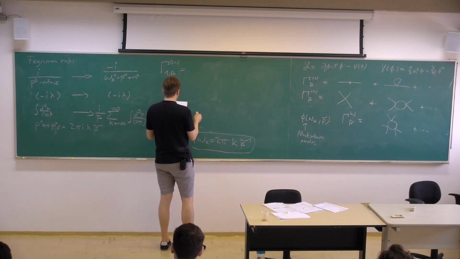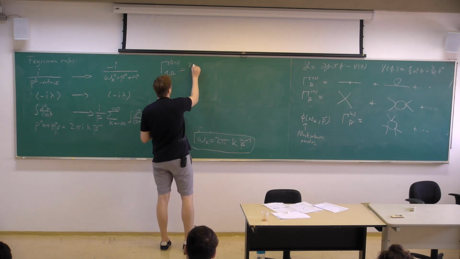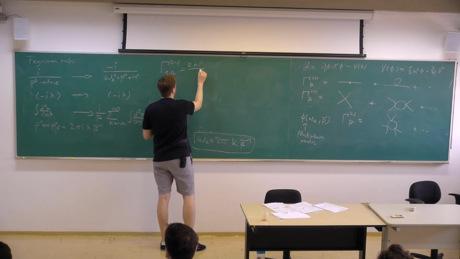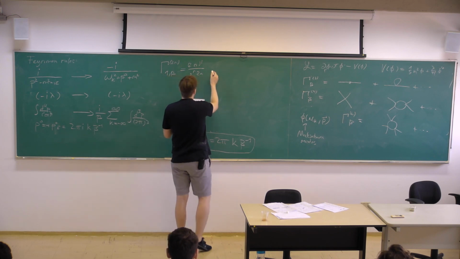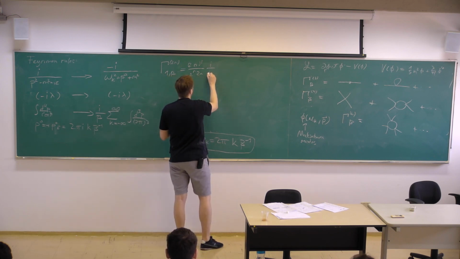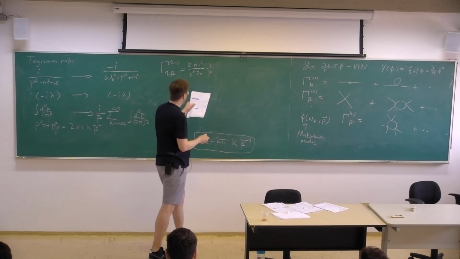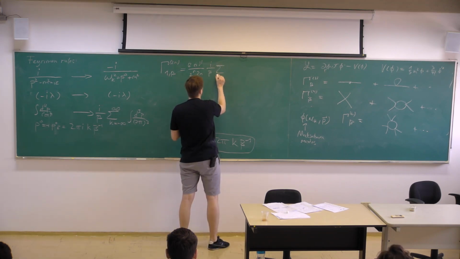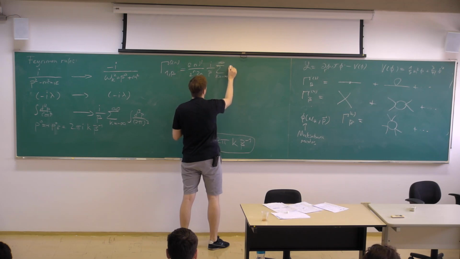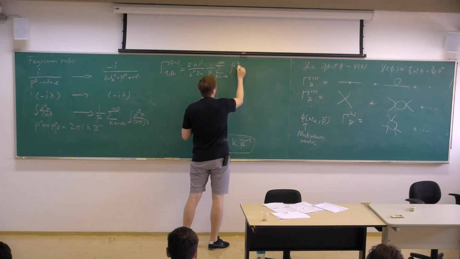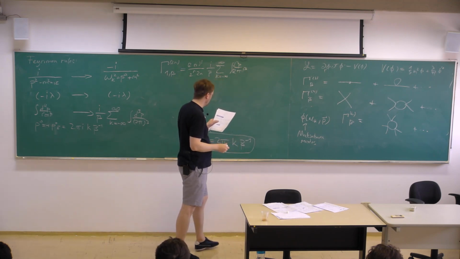Again, I essentially get the same as before, so I have this numerical factor that counts the number of diagrams I have to include for a given topology. Before I had a d4p integral, but now I have to replace this by the sum over the Matsubara modes and the 3-dimensional momentum integral.